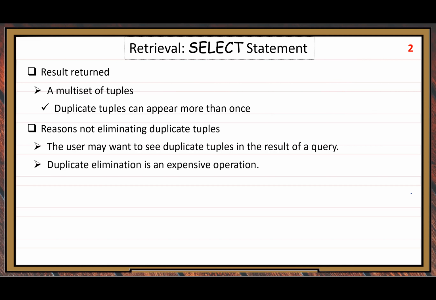Another reason: tuple elimination is an expensive operation. If you need to do that, even though it is relatively expensive, you need to do that, right? But here is why it is expensive. Think about how we remove duplicates.